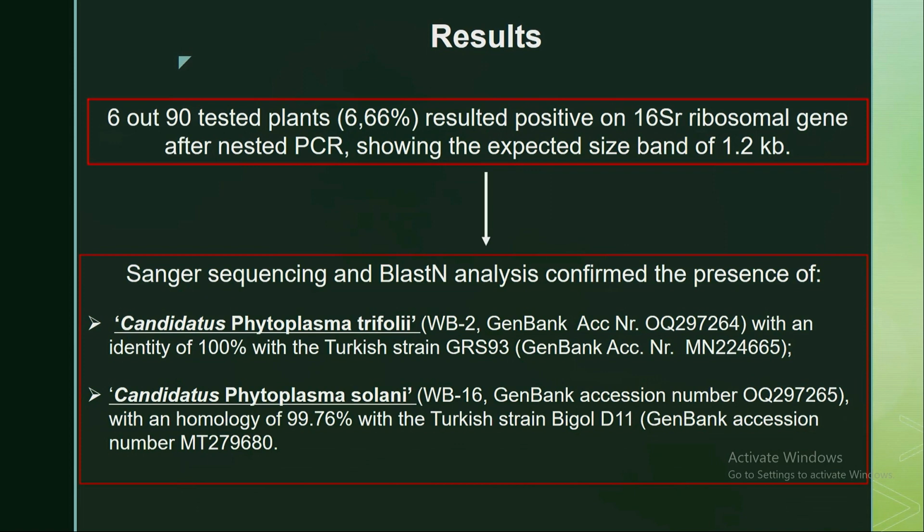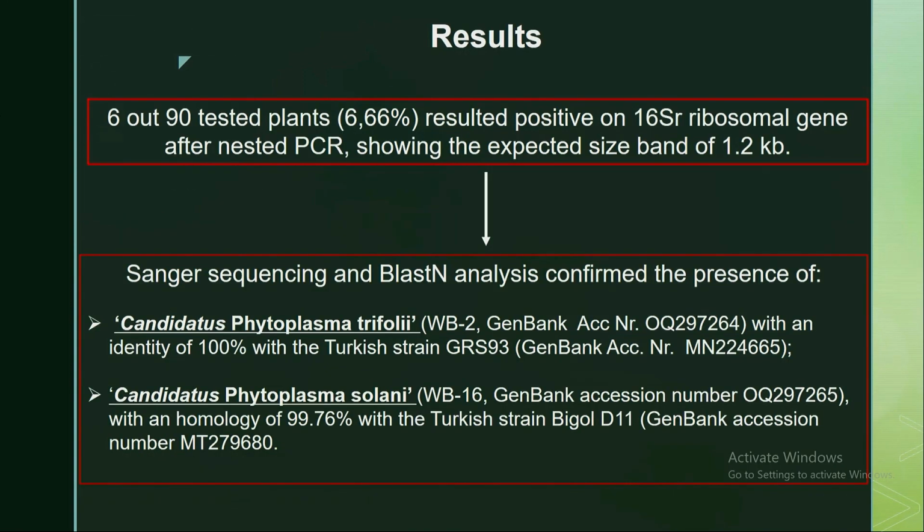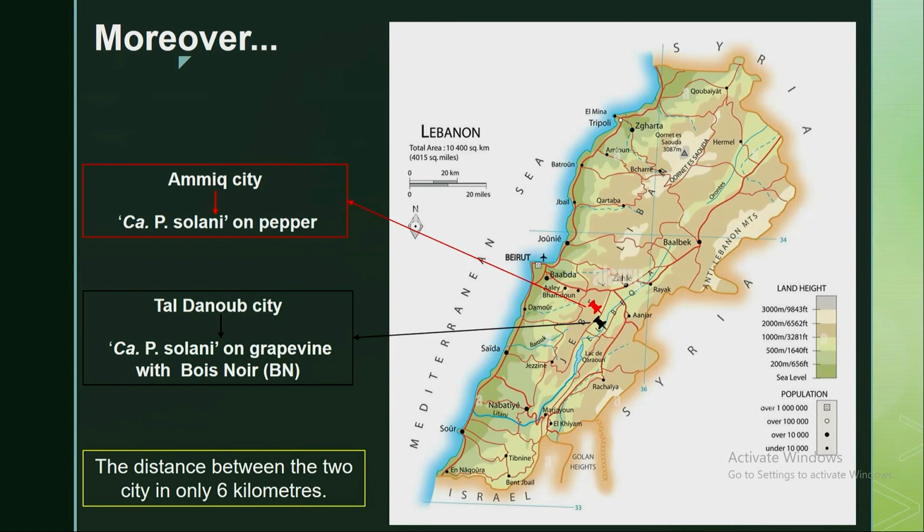To further investigate this last phytoplasma, we did other analyses, because in the city where we detected Phytoplasma solani on pepper, which is Mjdel Anjar, it is not far from Tal Danoub, where it was found on grapevine.